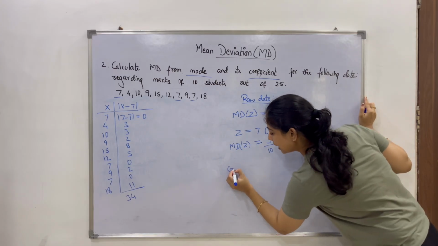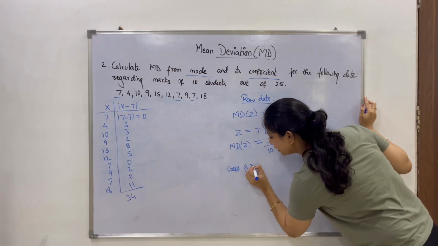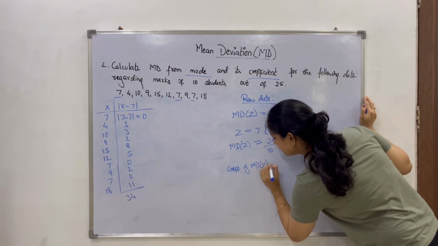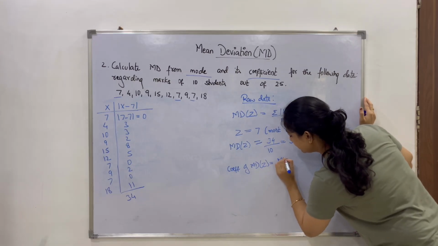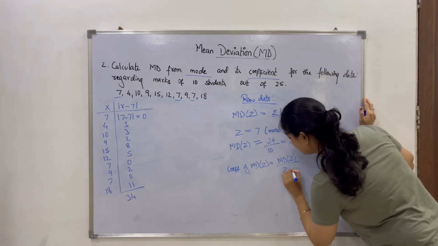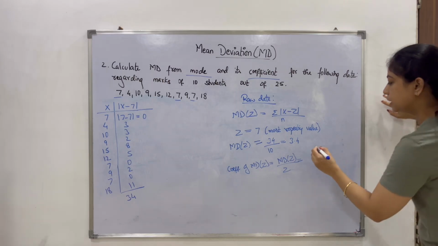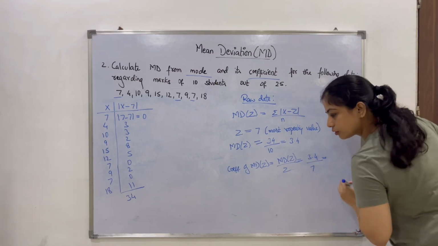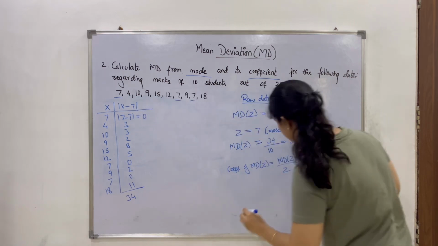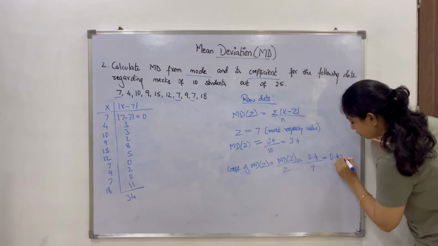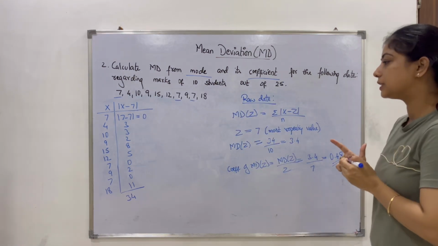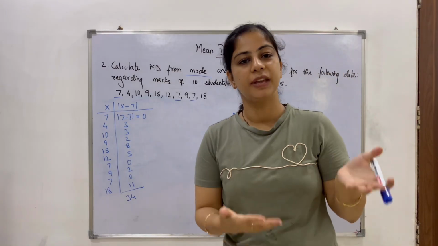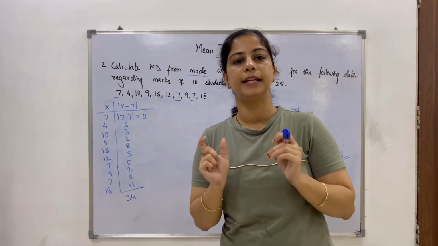So we'll write down that coefficient of mean deviation from mode is equal to mean deviation of mode by mode. So mean deviation of mode is 3.4 and the mode value was 7. So the answer after calculating we are going to get 0.48. So this is the answer for your mean deviation from mode in case of raw data.